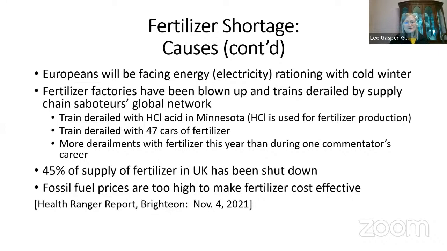And about 45% of the supply of fertilizer in the UK has been shut down. And the reason for that is that the price of natural gas has gone up so much. You realize that, I'm sure everybody realizes that Russia supplies a lot of the natural gas to Europe. So these fossil fuel prices are just simply too high to make fertilizer cost effective.